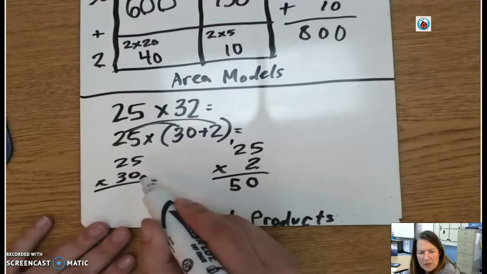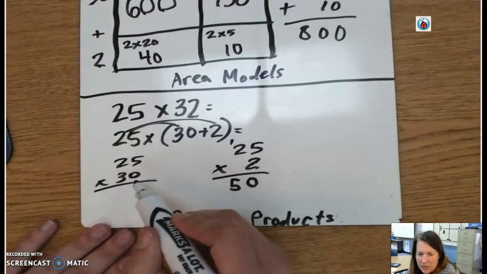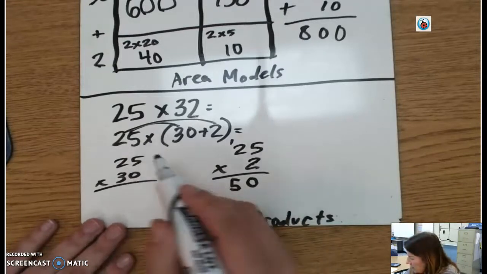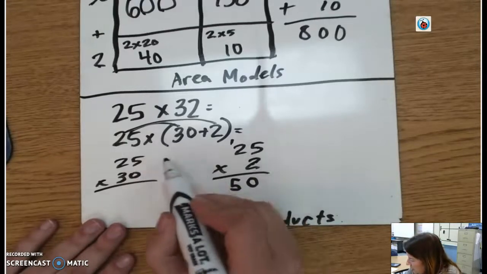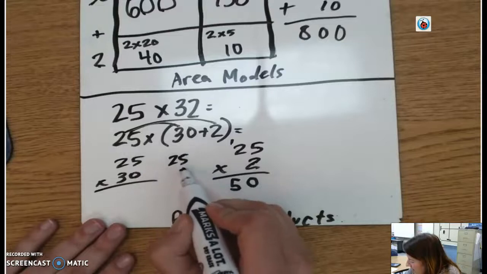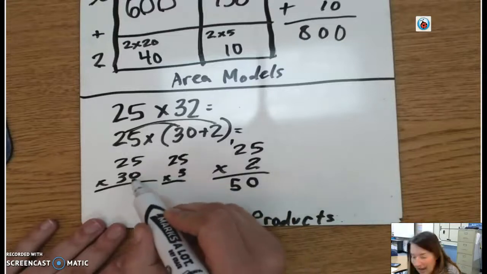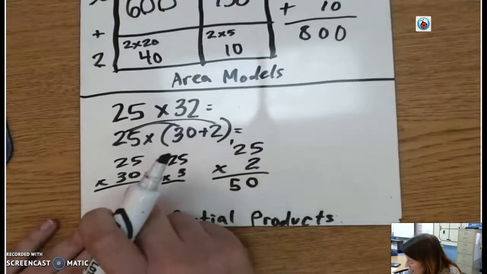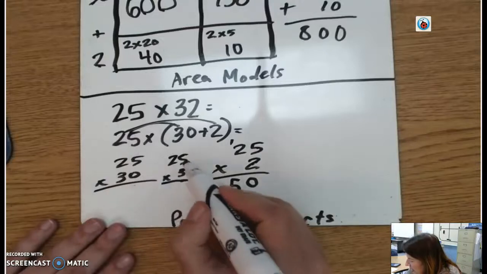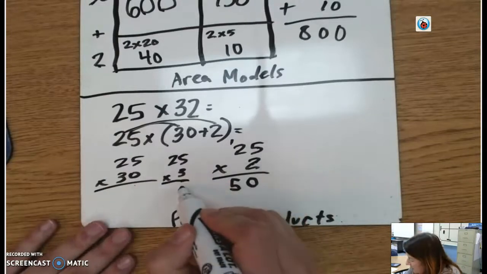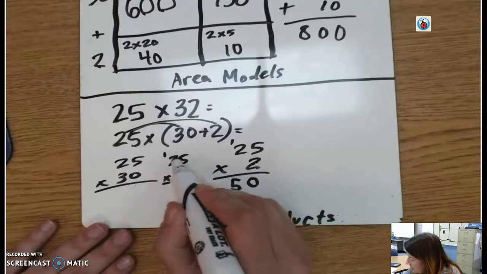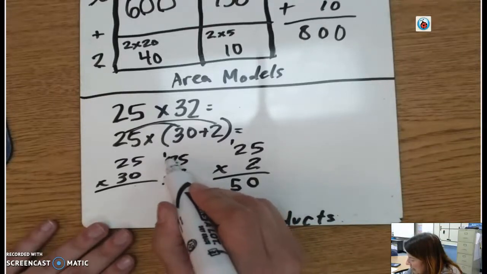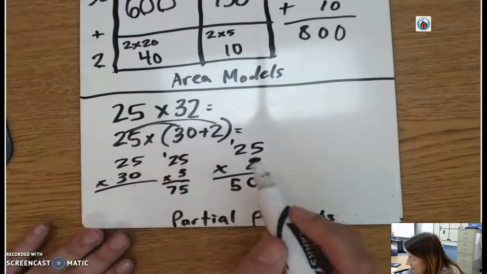Now let's take a look at this one. 25 times 30. Well, if you don't know what to do with the 30, we can still do 25 times 3, and then we can add that place value back in. So let's do 25 times 3. 3 times 5 is 15. Carry the 1. 3 times 2 is 6, plus 1 is 7.